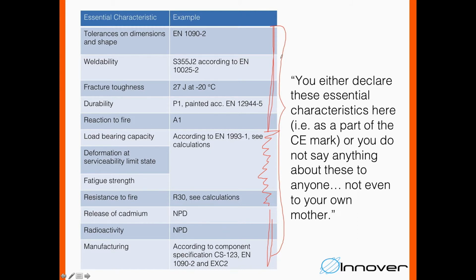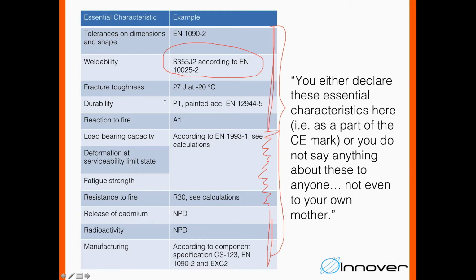So if you want to communicate to your customer, for example, what kind of structural steel you have used in the manufacturing, then it can only be done through the CE marking. If you are not going to declare weldability as part of the CE marking, you are not allowed to communicate in any way to your customer what kind of steel you used to manufacture the structural steel product.